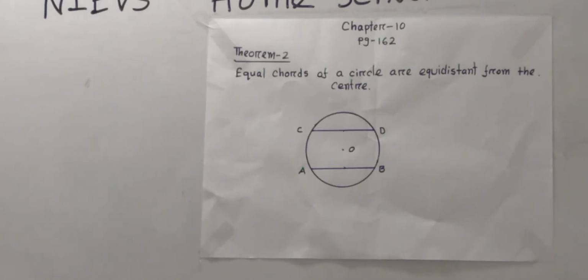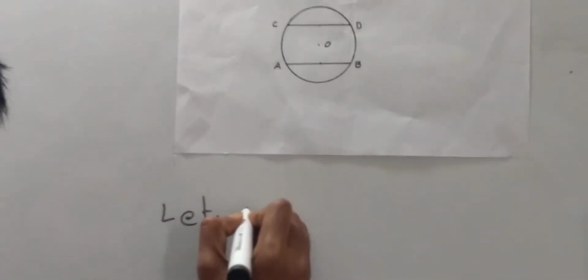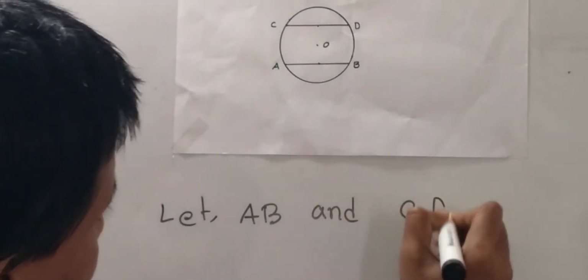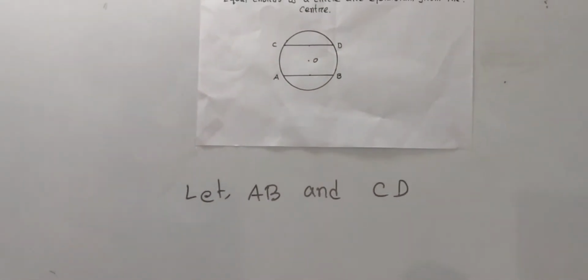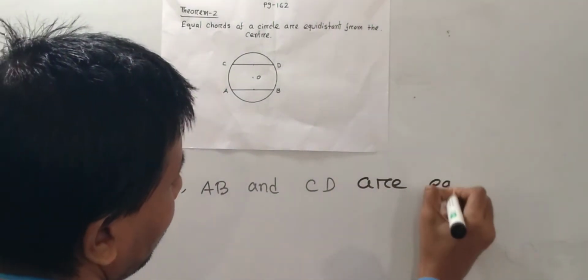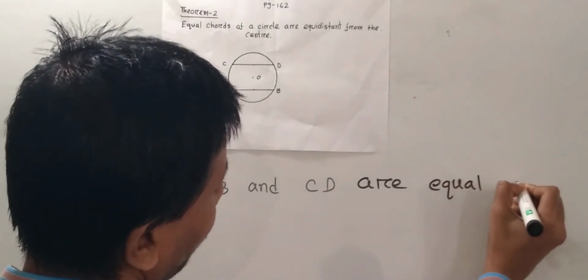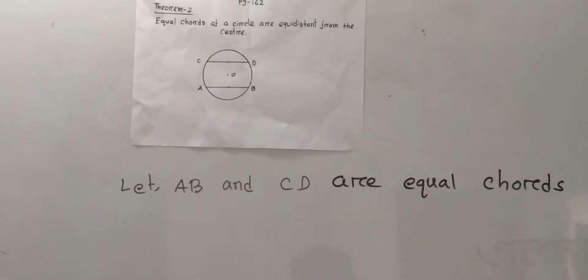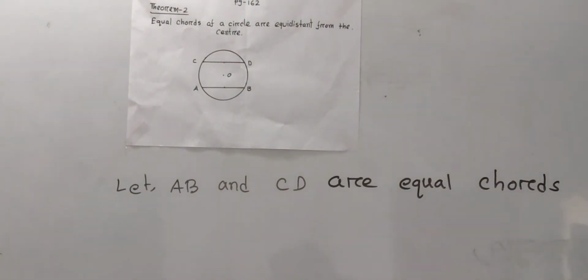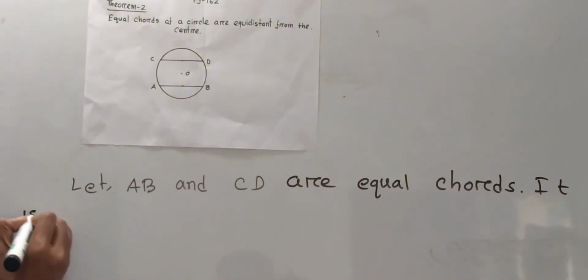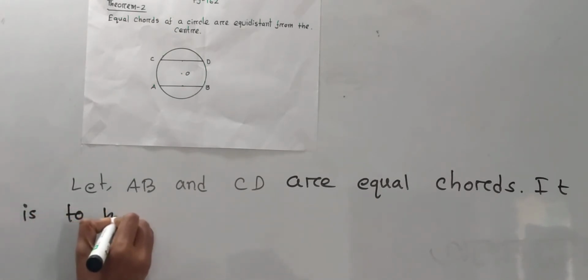At first we write: let AB and CD are equal chords.